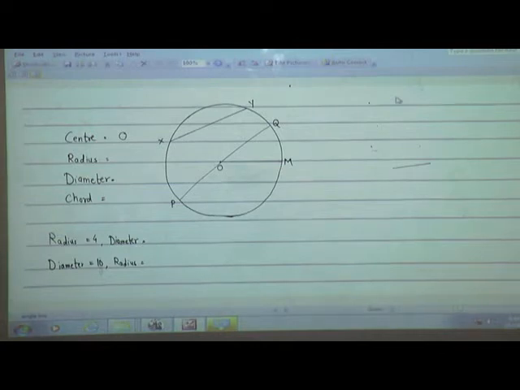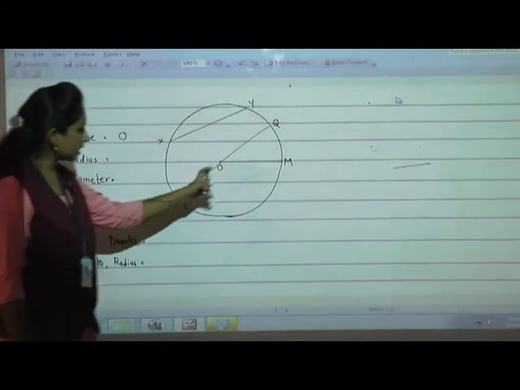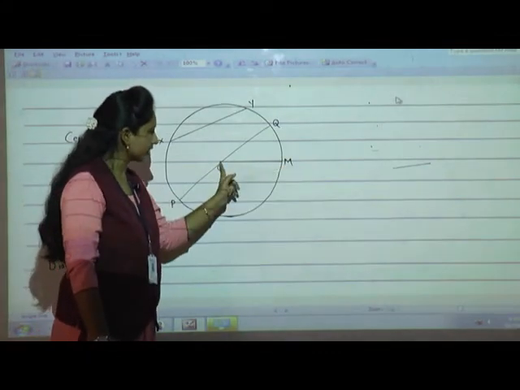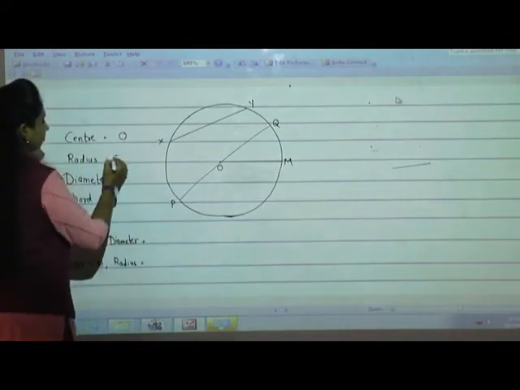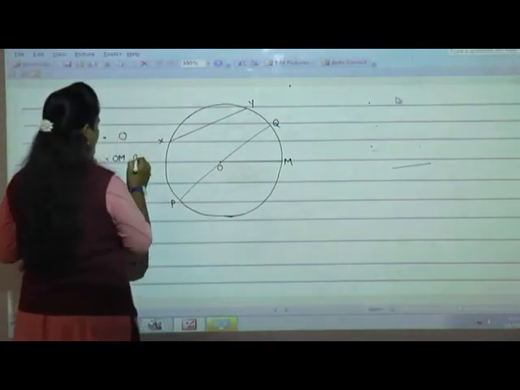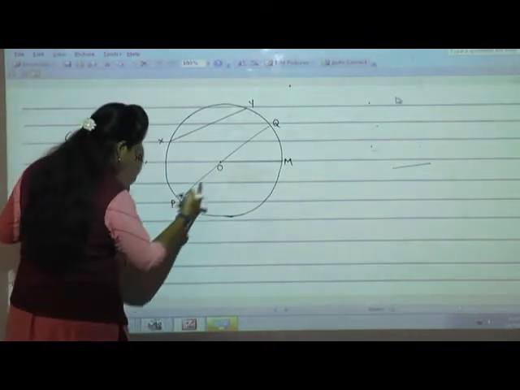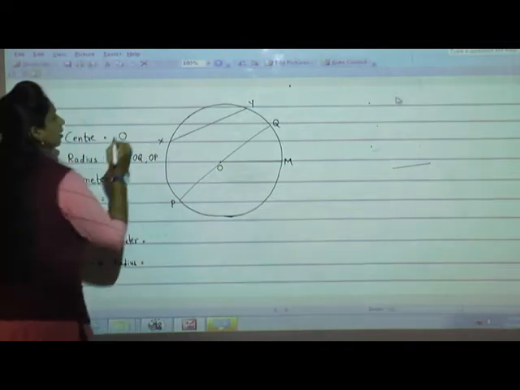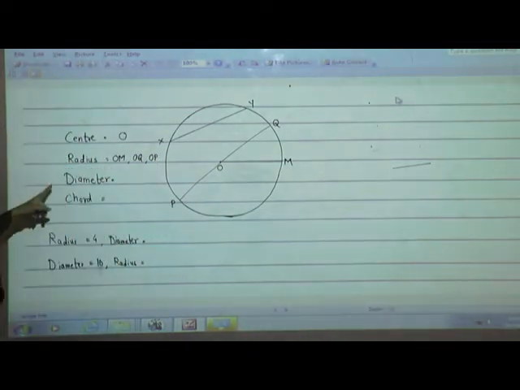Just now we have studied, isn't it? The fixed distance between the center and any point on a circle is called radius. Can you see here? OM, and again you can see OQ, and the next is OP. These are the radii of the circle. Now what is diameter?